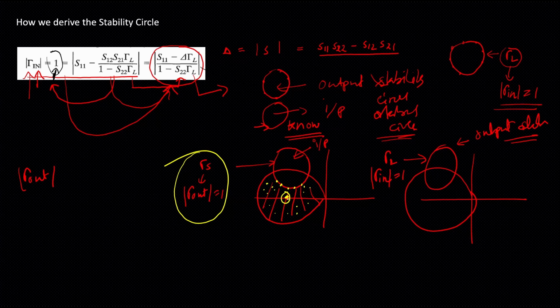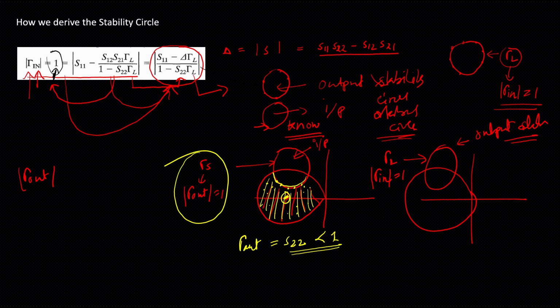But if I choose gamma S equal to 0, which will be at my origin, then my gamma out is equal to S22, and if in the question S22 is given less than 1, that means this is a stable region. So my full shaded part is the stable region, because this circle is my boundary, one side should be stable. So as one point is stable, that means all other points will be stable.